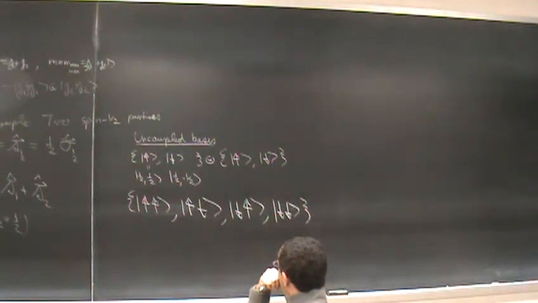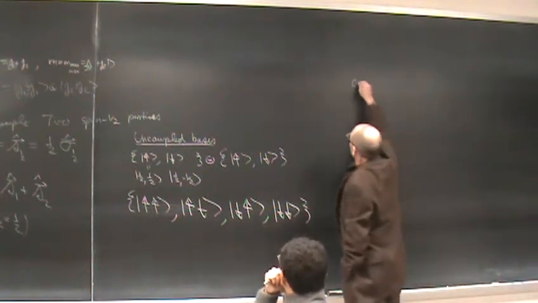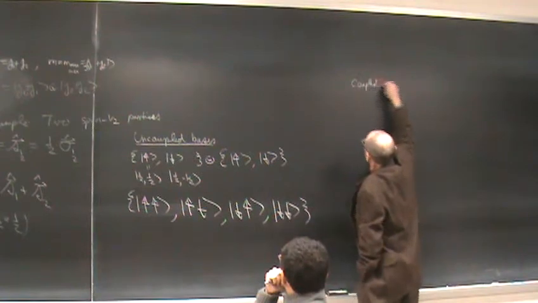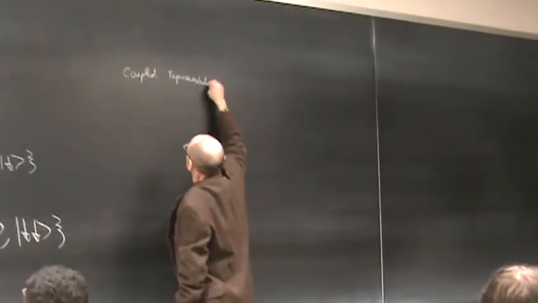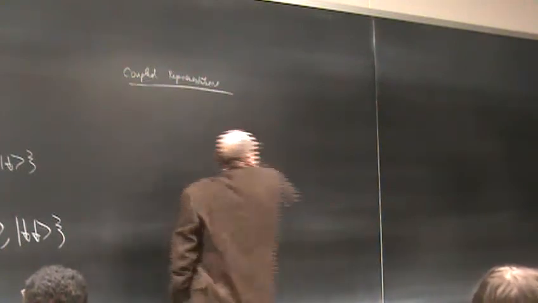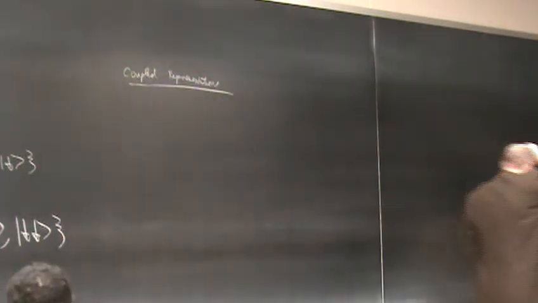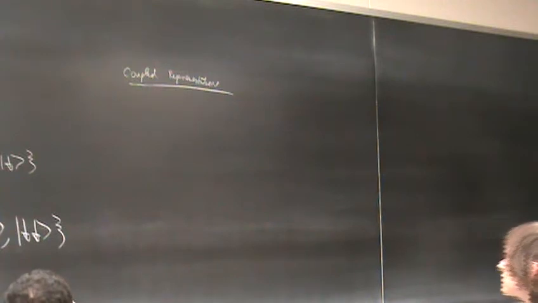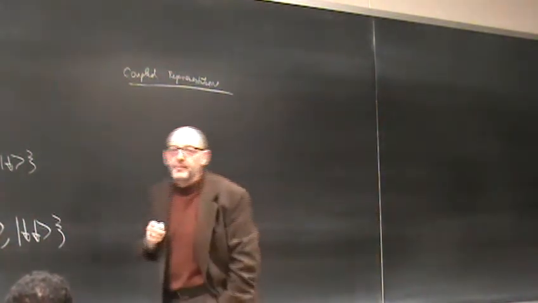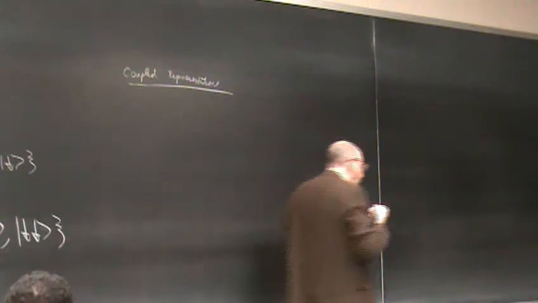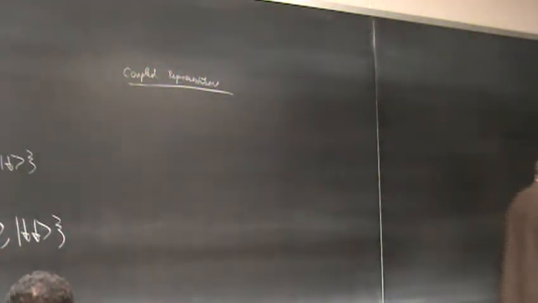Alrighty. So now, let's talk about the coupled representation. First question for you is, what are the possible total spin quantum numbers of the system?